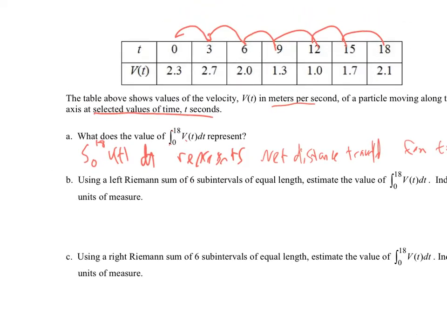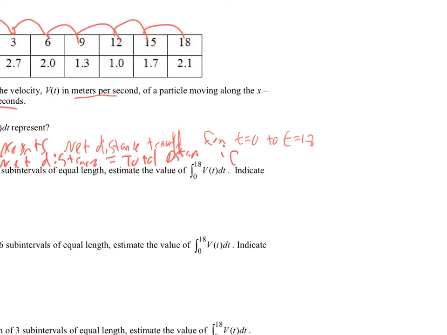And net distance equals total distance if v of t is greater than 0 on the interval from 0 to 18.